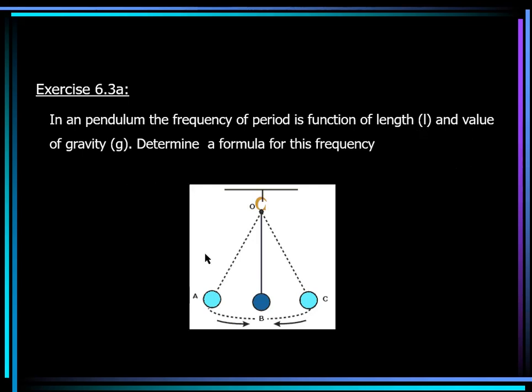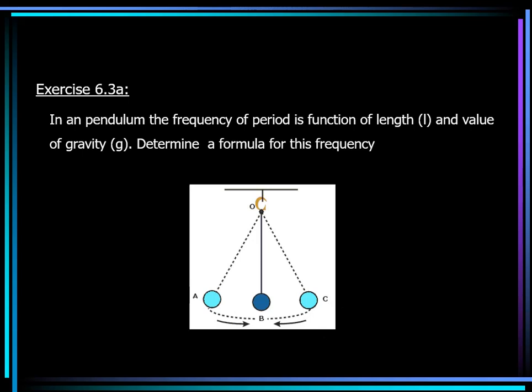The value of gravity also changes the frequency. So the frequency of this pendulum depends on the length of the pendulum and the force of gravity. If we know the dependency, we have to determine a formula for this frequency. We have to develop a formula which can describe this physical phenomenon. This is the application of this concept.